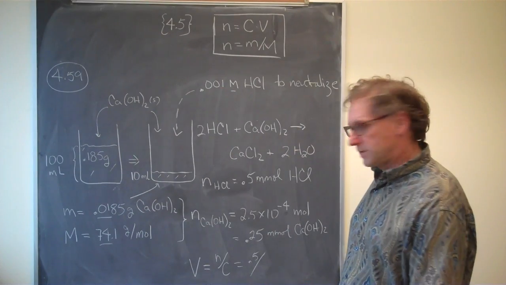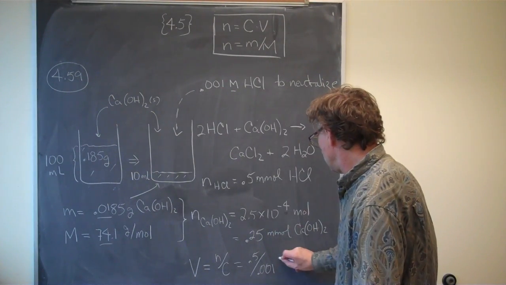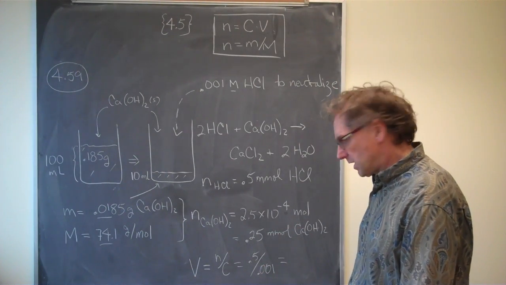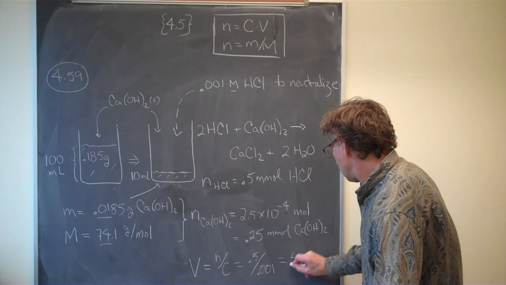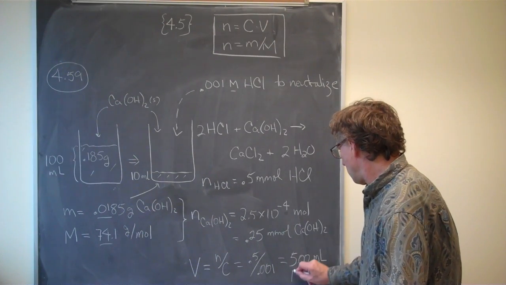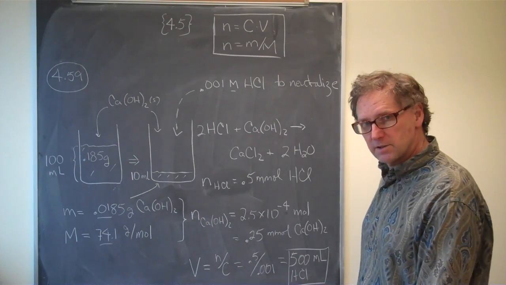We already said that's 0.001, and because that's millimoles divided by moles per liter, the answer is in milliliters, and it comes out to be 500 milliliters of our HCl solution, and that's our answer.